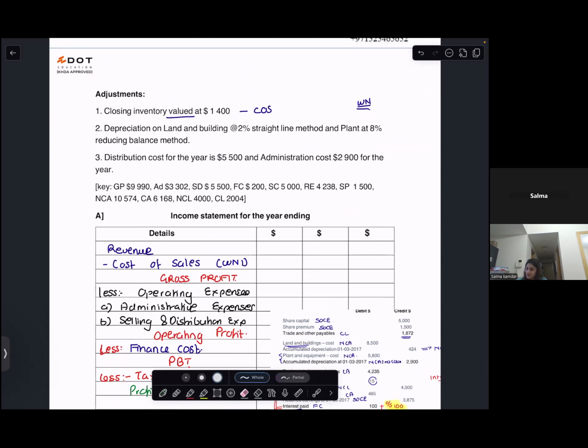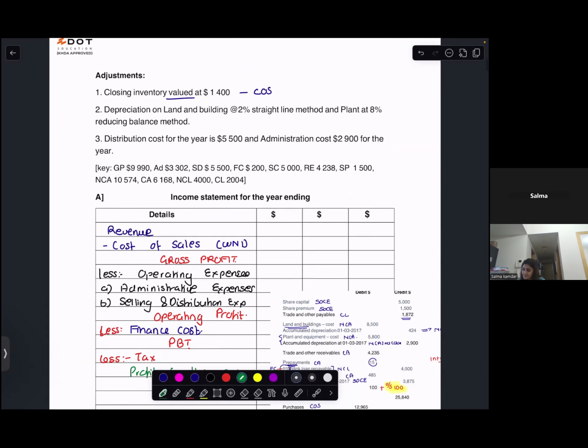How about depreciation on your assets? You have depreciation on land and building 2%. You have depreciation on plant and machinery 8%, reducing balance method. Mahad, how do I do the land and building depreciation? Okay, so I'm making a working note number 2. It's very essential that you make working notes. I want you to make the working note along with me on a page.